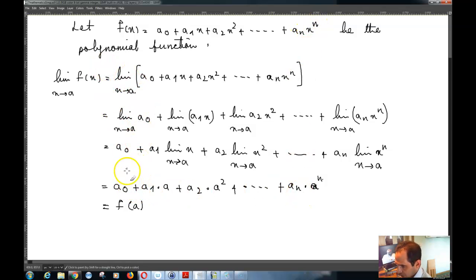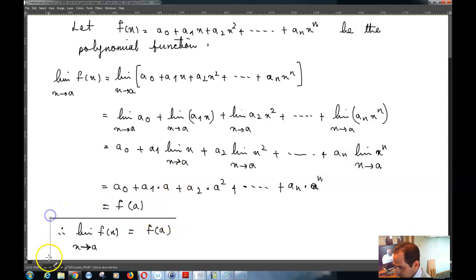So then you can say that the limit of f of x, being this polynomial function, as x tends to a, is equal to f of a.